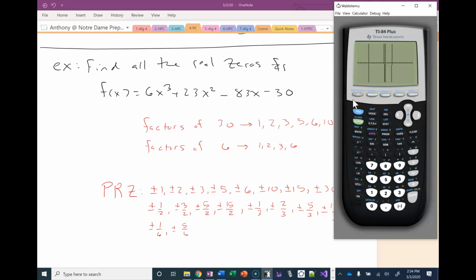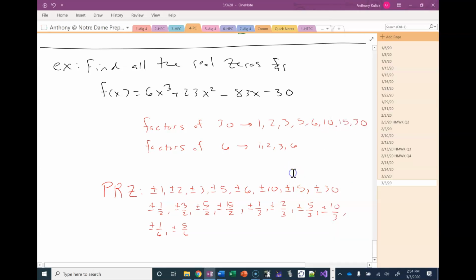So how many times do you see this crossing the x-axis? 3, right? So let's see, this one over here, I see +1, +2, somewhere in between +2 and +3, it's crossing. Do we have anything on our list down here that's a decimal in between 2 and 3?